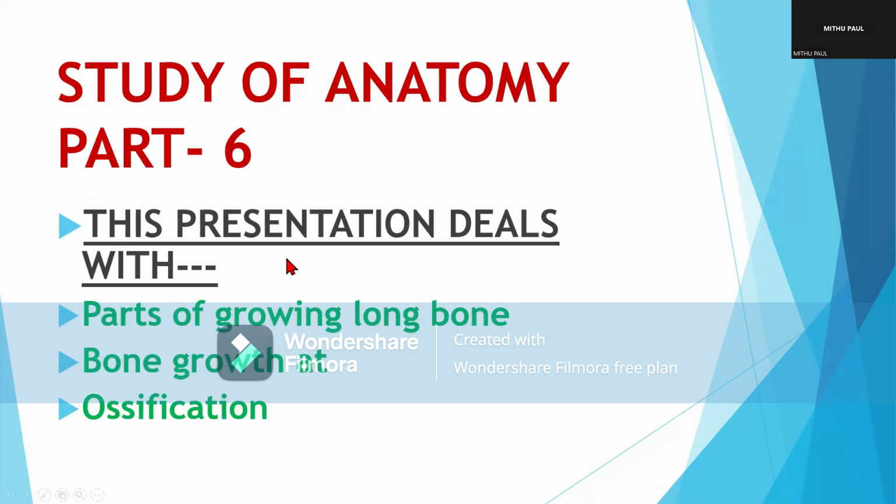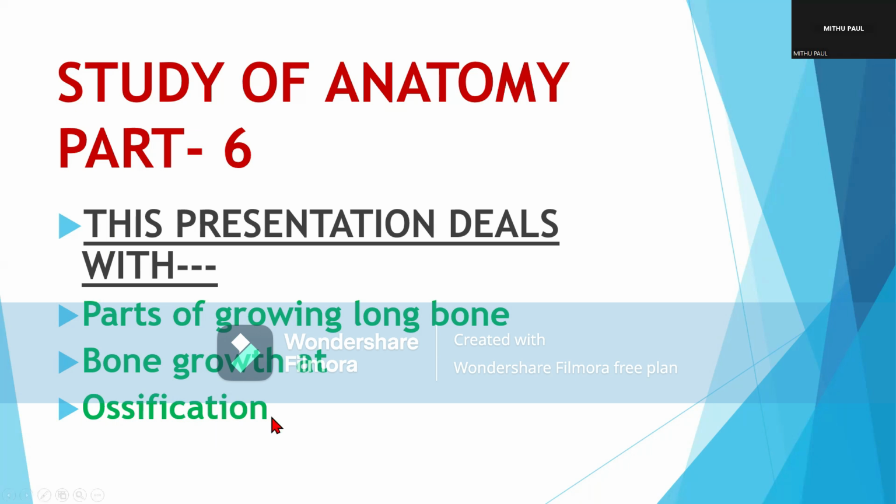So to summarize, today we have studied the parts of the growing long bone that are diaphysis, epiphysis, metaphysis, and the epiphyseal cartilage. The bone growth, how the bone grows via the appositional and the interstitial method.